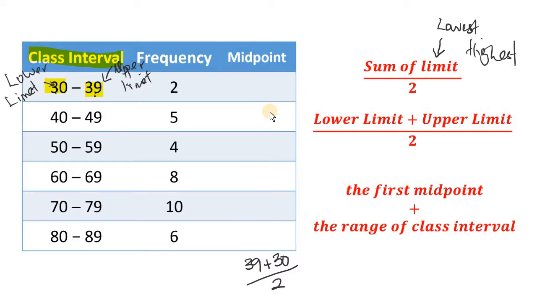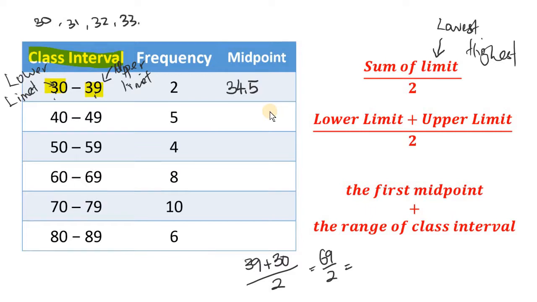You will have 69 divided by 2, so you will get 34.5. Then we check the range of the class interval. Now 30 until 39, there are actually 10 numbers. If you list them out, you will get that the range is 10 numbers.